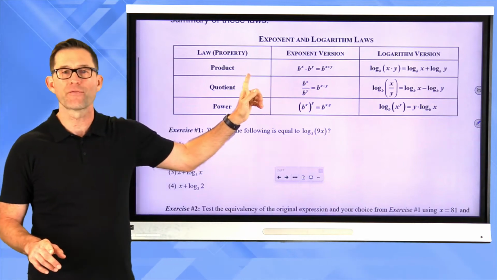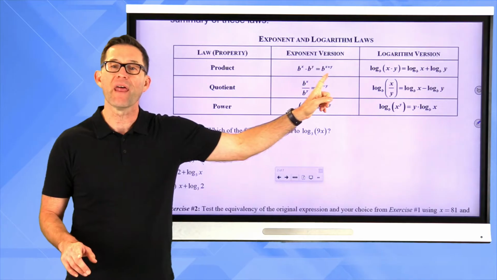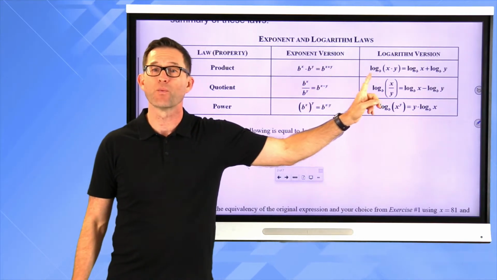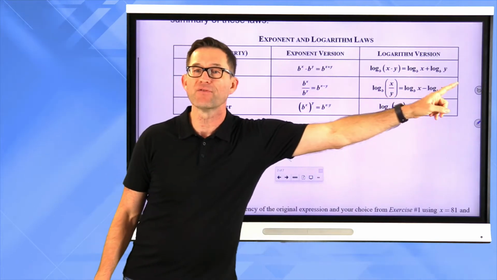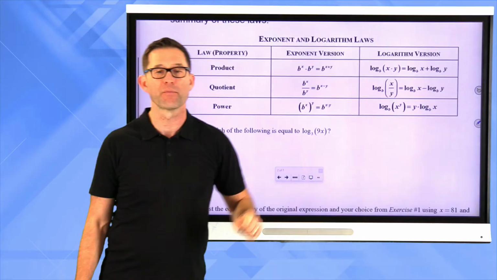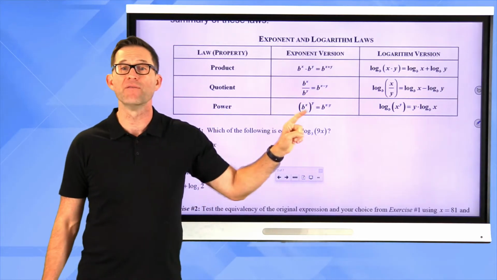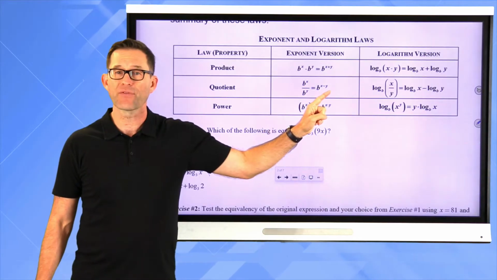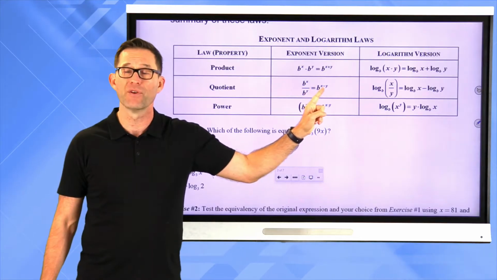So the product law for exponents says when we multiply 2 things with the same base, we can add their exponents. On the other hand, the logarithm version says when we take the logarithm of a product, we can actually add the 2 logarithms of each part of the product. There's a quotient rule for exponents that says when we divide 2 things that have the same base, we can subtract their powers, specifically that we can subtract the power of the denominator from the power of the numerator.